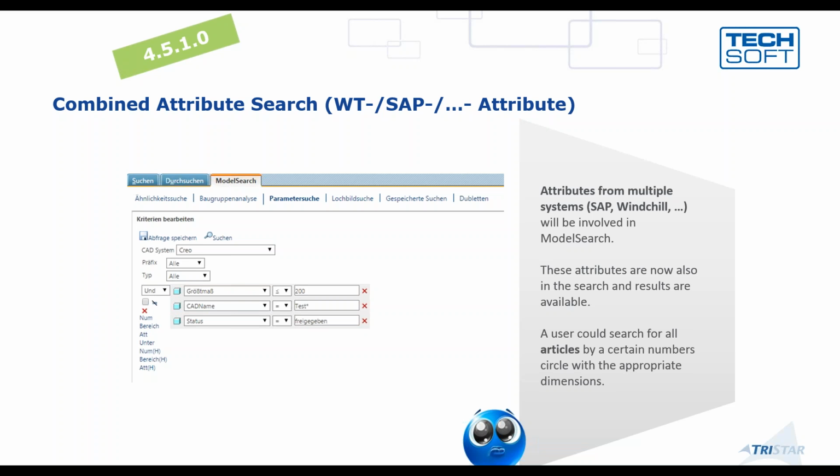And the answer is yes, there is a possibility within the newest release. We call it external search or combined search. And one example could be that, for example, a designer likes to know, is this part in store or not?